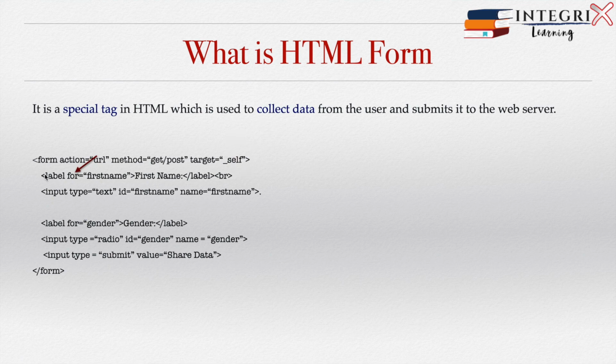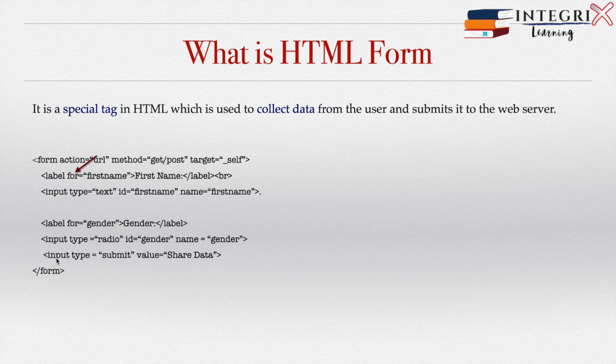Then we have labels and input tags for defining our forms. Let's discuss the input tag first. Input tags are where you can accept different kinds of data using different kinds of input mediums, like a text box or text editor, or a radio button where you can select one value from 2, 3 or 4 different values, or a checkbox where you can select multiple values for a particular variable.